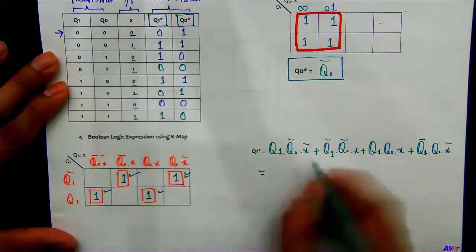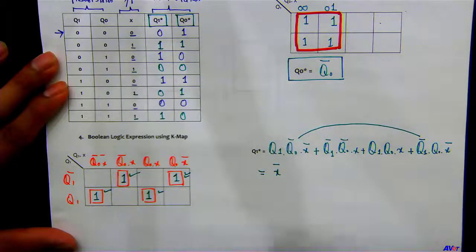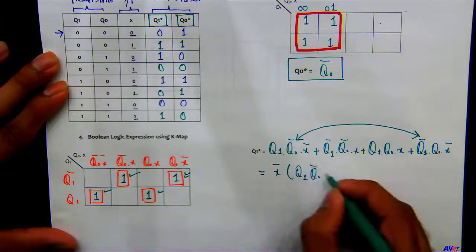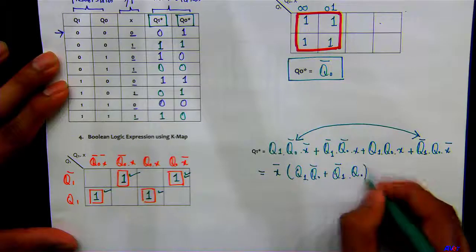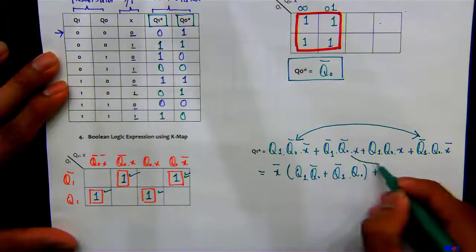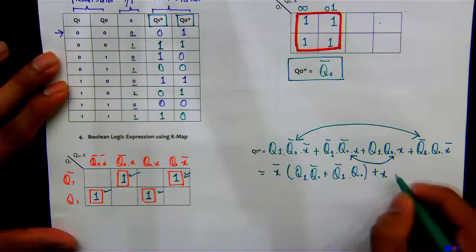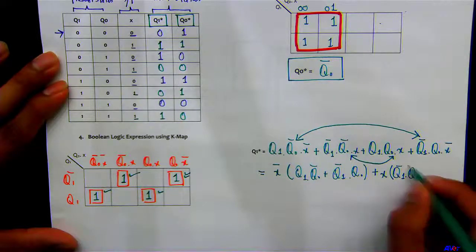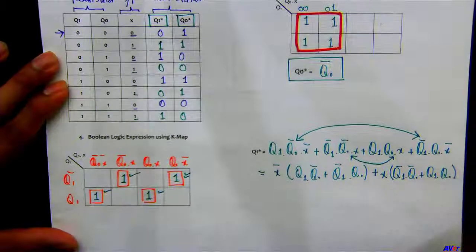So say if I take x bar common between these two terms, I'll get Q1 dot Q0 bar plus Q1 bar dot Q0, plus, and then I'll take x common between these two terms, so I get x times Q1 bar dot Q0 bar plus Q1 dot Q0. Okay, all right.